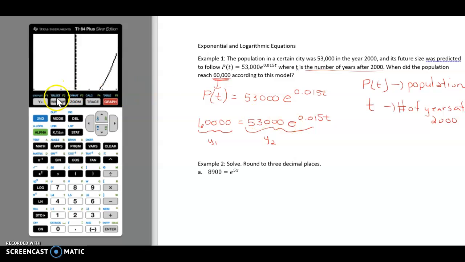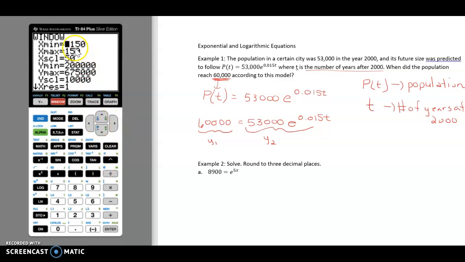So what we're going to need to do for pretty much a lot of these exponential problems is change the window settings. Okay? So this is a horizontal line at 60,000. That means you need to go up high for the y. At least that high. So I'm going to go ahead and change my x min, let's just do 0. And I'm going to change my x max to, I don't know, 50.